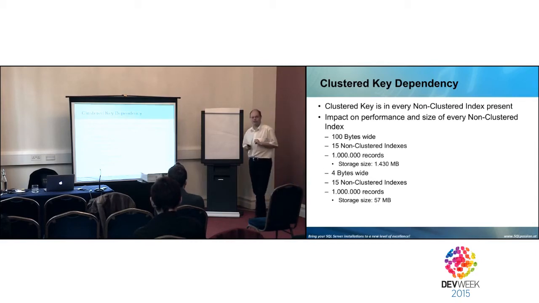When we create a clustered key value which is only 4 bytes long, for example an int identity column, an ever-increasing value, we have only a storage size of 57 megabytes. That's just a replication of the clustered key value in all of our non-clustered indexes on that table. So we generate a large overhead here.